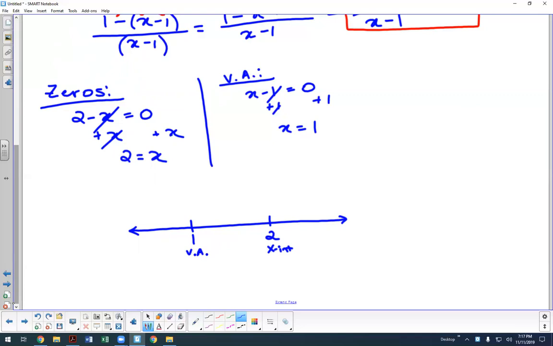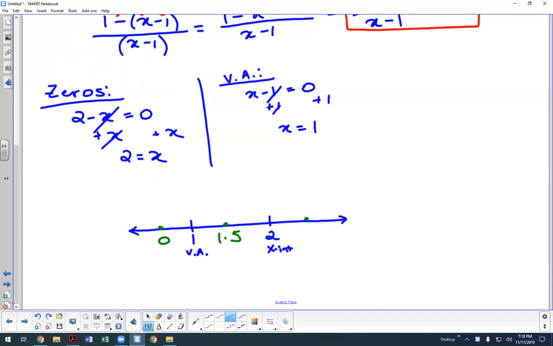Now pick a test point from each interval. So what can we pick from this interval here? Okay, 0. In the middle? 0.5. Oh, 1.5. 1.5.